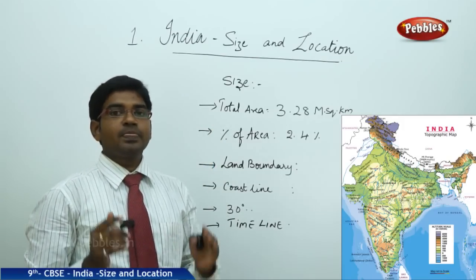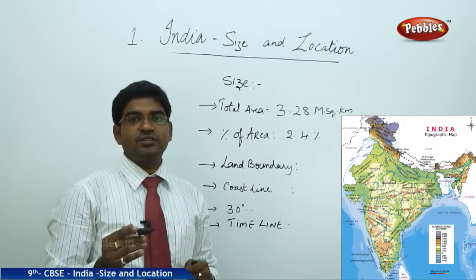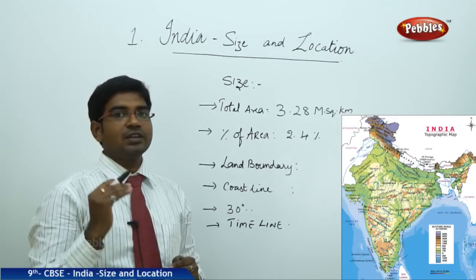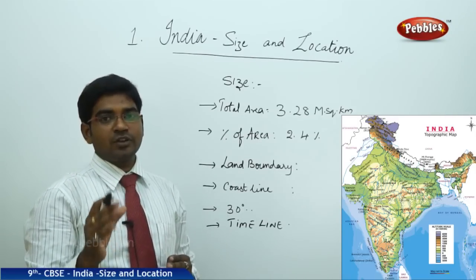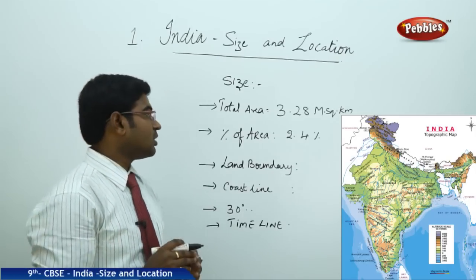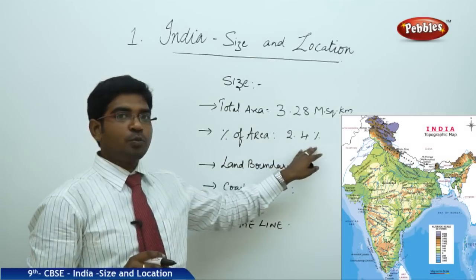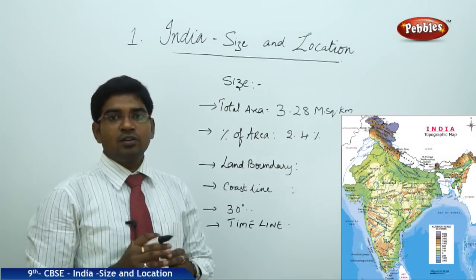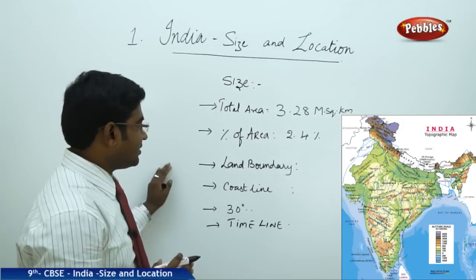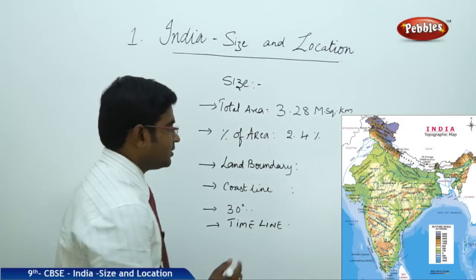So India is the 7th largest country in the world in terms of geographical area. India's total geographical area is 3.28 million square kilometers, which accounts for nearly 2.4% of the entire world's landmass.